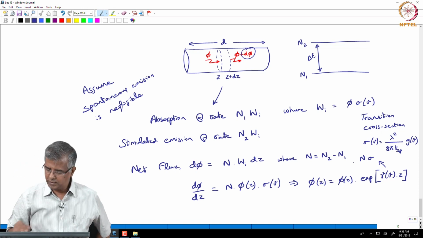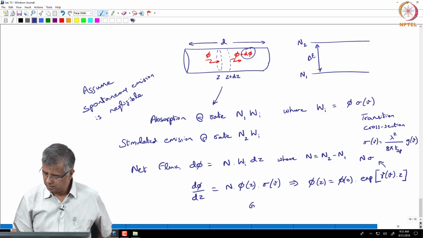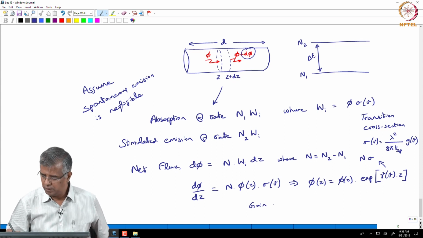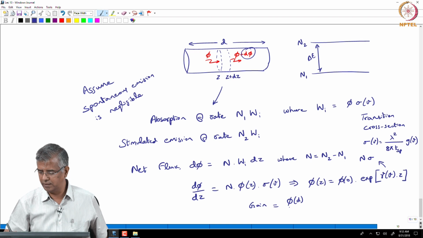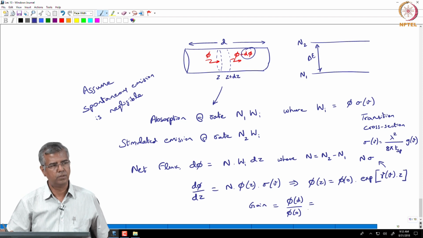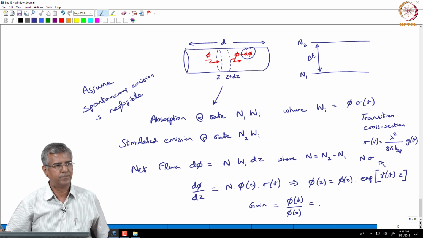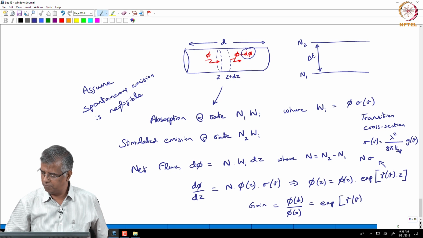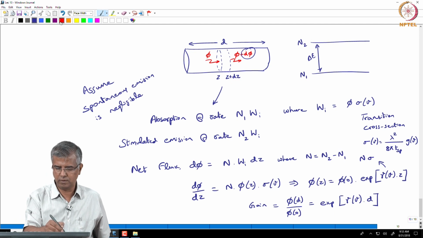So, if we were to look at the gain in the system, now we are saying the total gain of the system, which corresponds to the flux density at the output of this entire length d divided by phi of 0, that will be what? Exponential of gamma of nu multiplied by d, right.